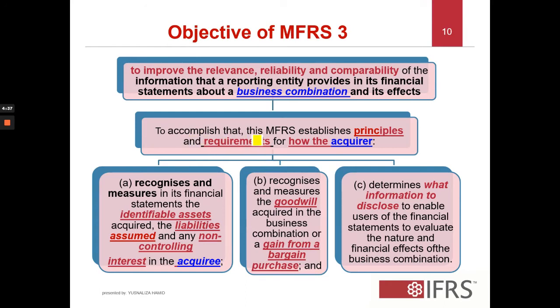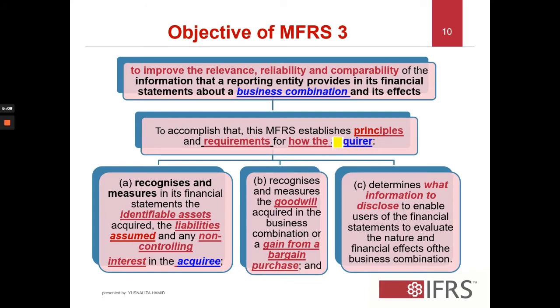To accomplish this, MFRS 3 has established the principles and requirements for how the acquirer in the business combination should recognise and measure in its financial statements the identifiable assets, liabilities assumed and any non-controlling interest in the acquiree.